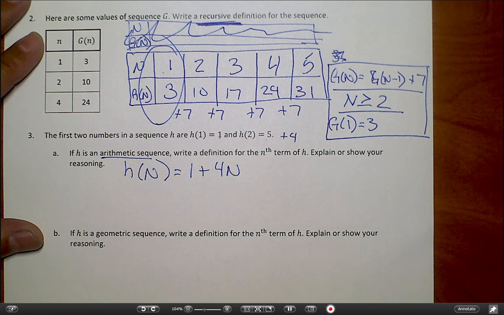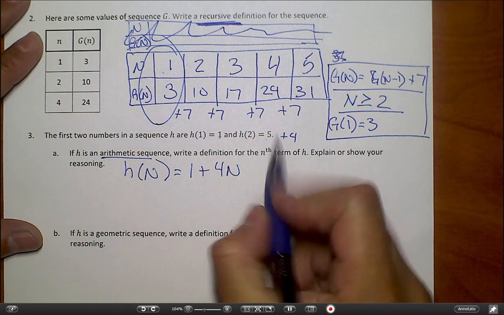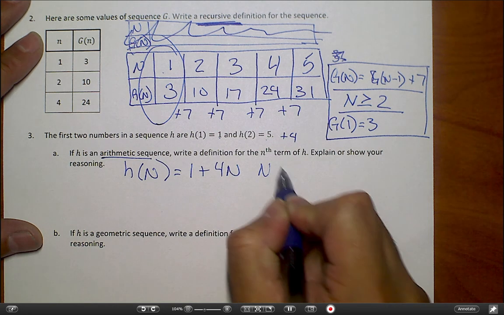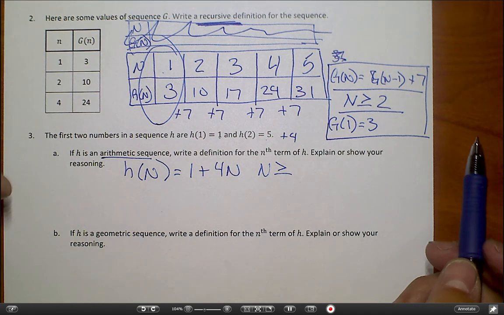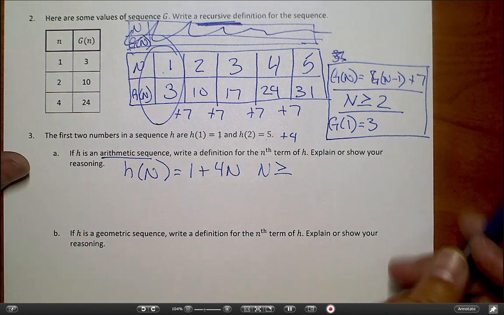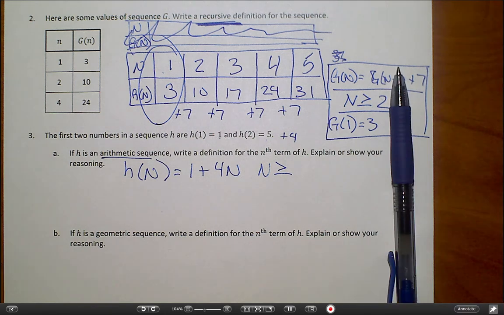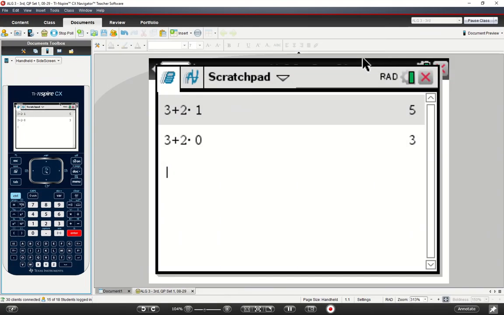So very good. Now let's define n. So n is going to be greater than or equal to. Is it 1 or 0? I hear 0 and 1. Let's figure it out by using the calculator. It says 1 plus 4 times, let's say it's 1.